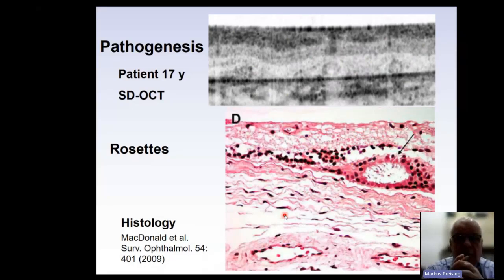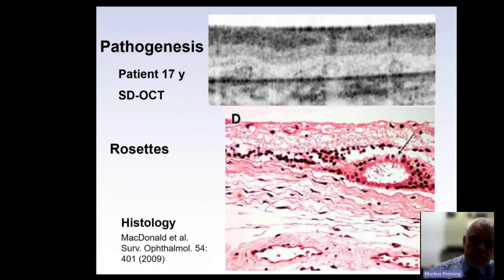As we now saw that the photoreceptor layer is lost in these patients, we need to have a look at some special findings, especially the rosettes you can see in the OCT images.